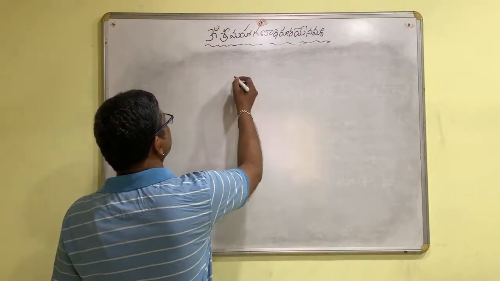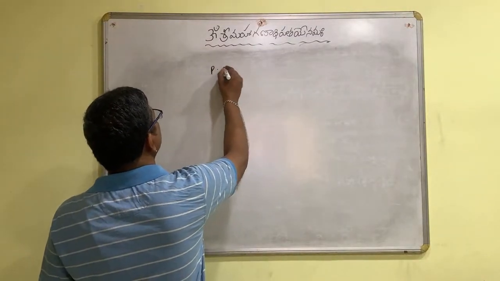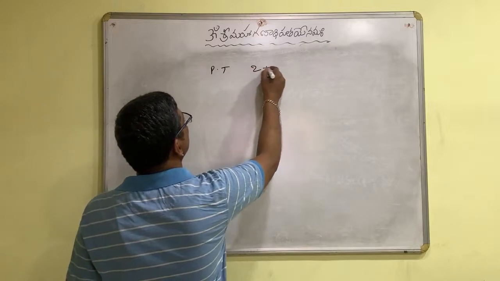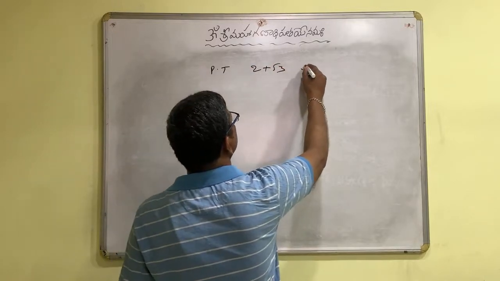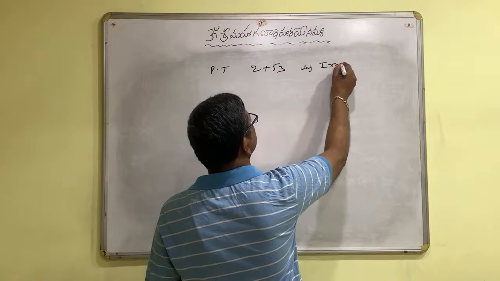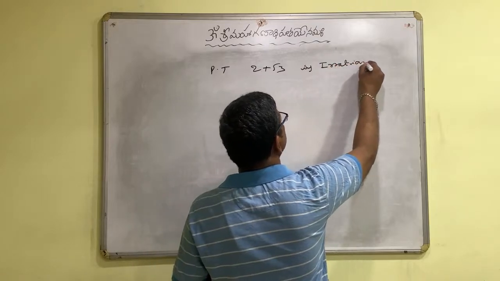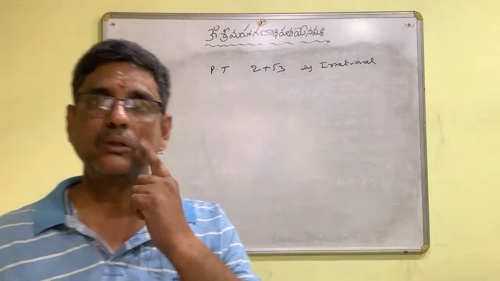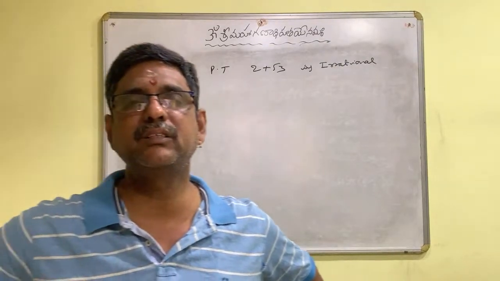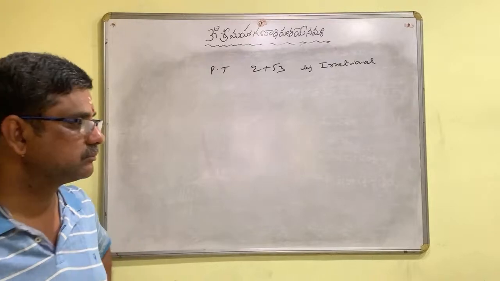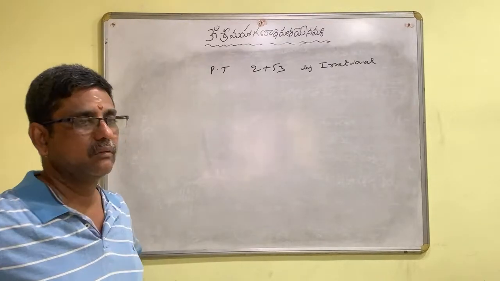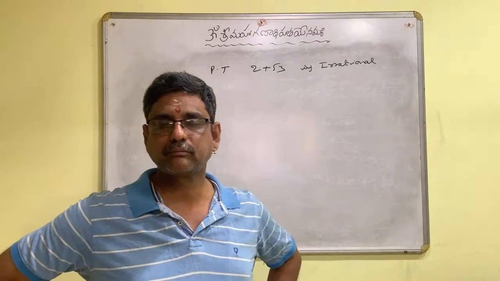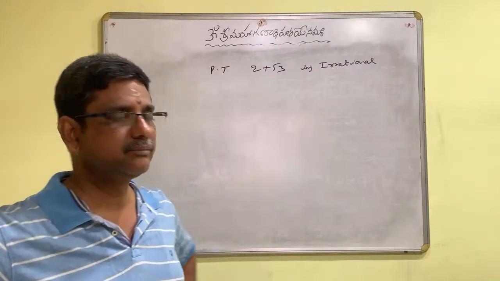There is a question like this: prove that 2 plus root 3 is irrational. How to do this? See here.